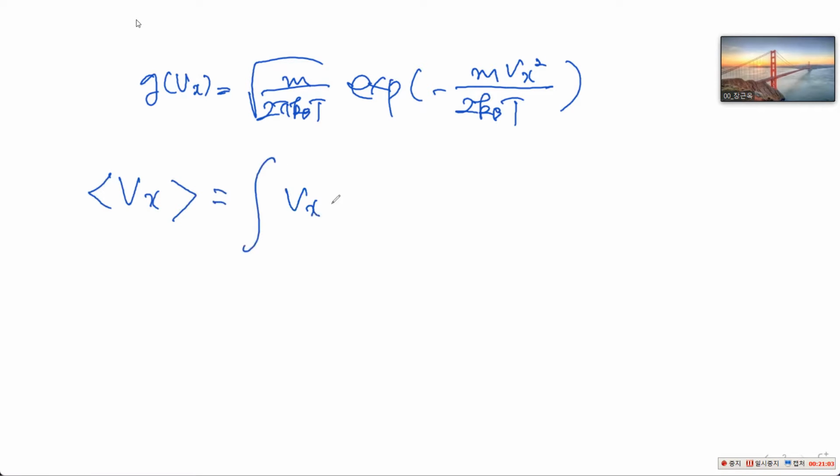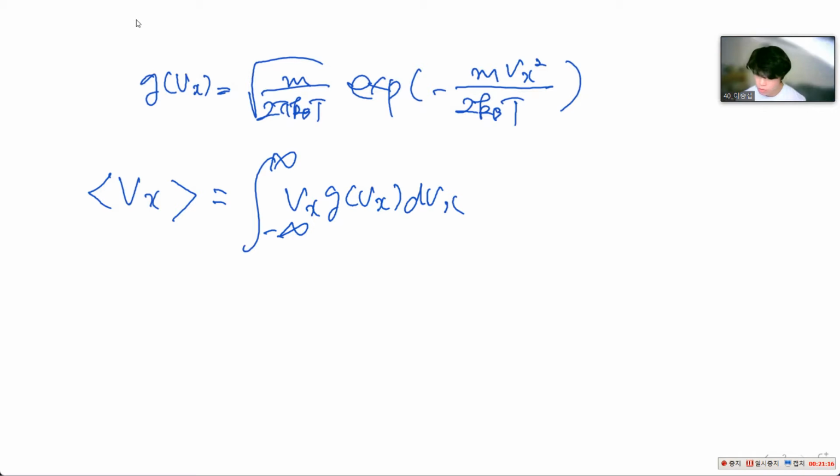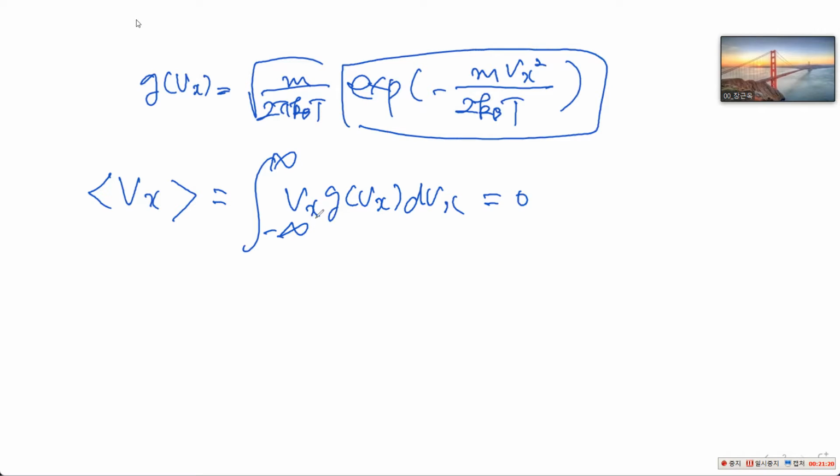That is the integral of vx times g(vx) dvx, from negative infinity to infinity. Can any student answer what the value is? 이거 얼마일까요? 제로겠죠. 왜? Because it is an even function. We multiply by vx, integrate from negative infinity to infinity, so it becomes zero.